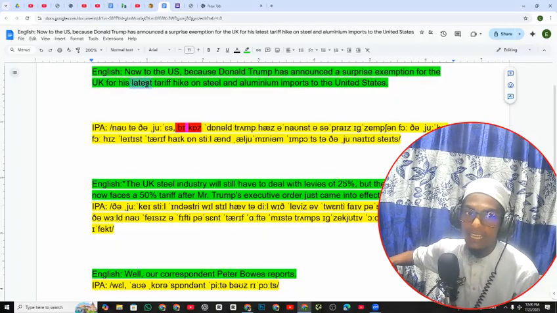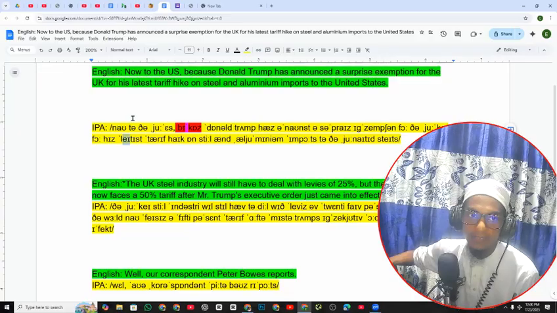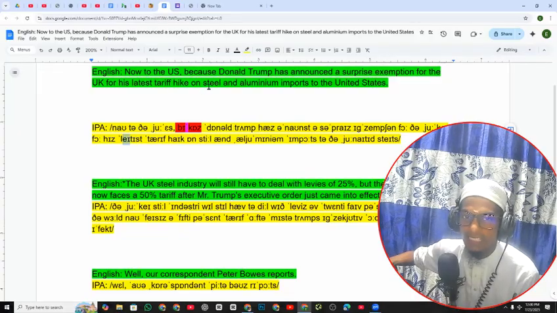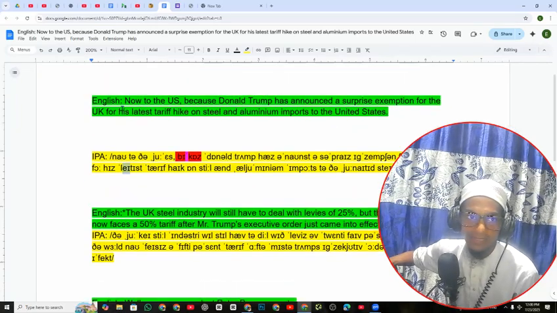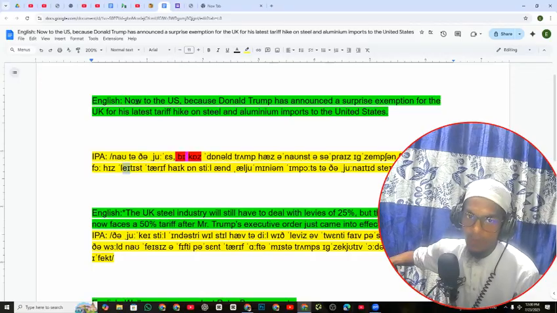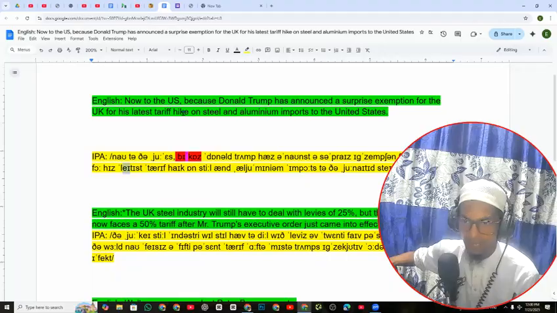It is not "latest". Tariff. It is a sound. So, latest tariff on steel and aluminium imports to the United States. So I will read this whole sentence. And now to the US, because Donald Trump has announced a surprise exemption for the UK for his latest tariff on steel and aluminium imports to the United States.